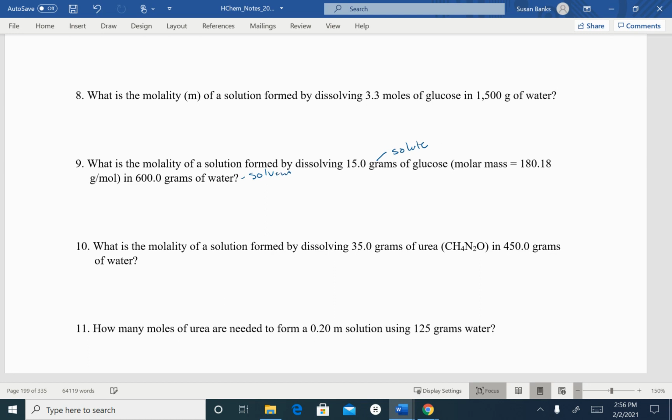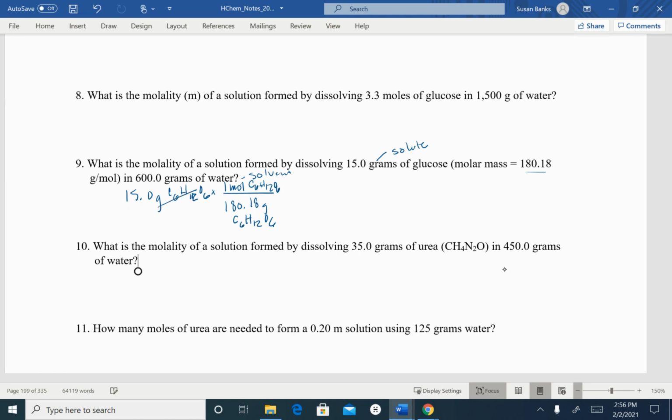Okay, so we need to get the 15 grams of glucose into moles. So 15 grams of glucose, which is C6H12O6, and I already have the molar mass here, so I have 180.18 grams of C6H12O6 for 1 mole of glucose.